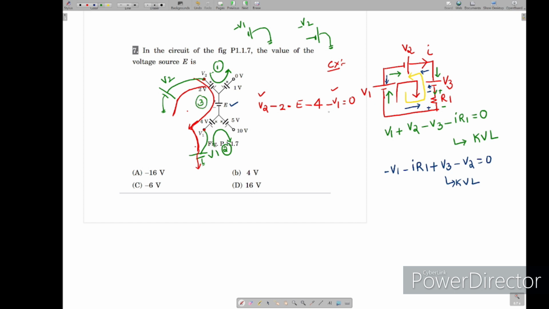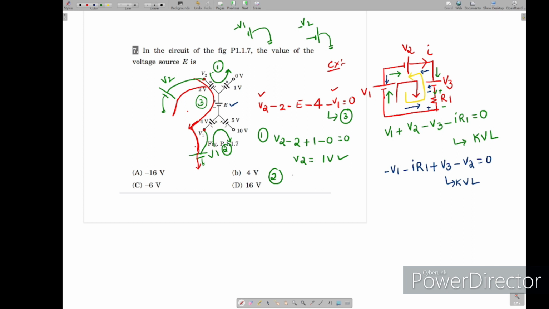From loop 1, KVL 1, I will go like this. V2 minus 2 plus 1 minus 0 equal to 0. So I got V2 equal to minus 2 plus 1, minus 1 volt. So V2 I got. Now for V1, again KVL loop 1, like this I will go.